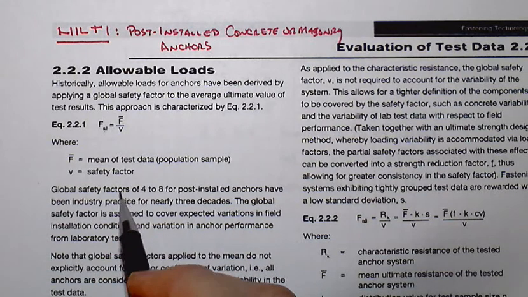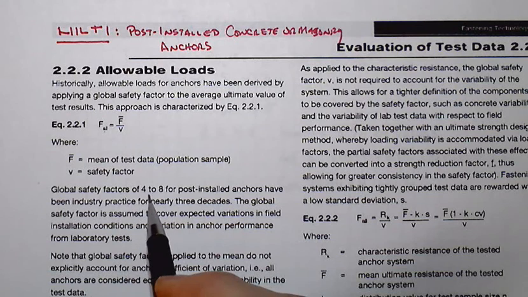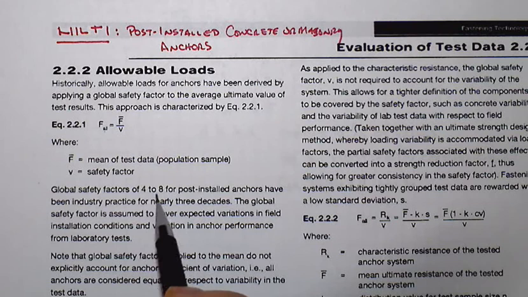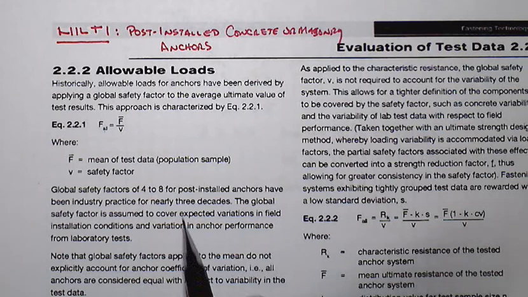In terms of what they call global safety factors, they might be on the order of 4 to 8 for these post-installed anchors. One of the reasons why that's so large is that the amount of variability associated with concrete and with post-installed anchors into concrete tends to be quite large. So we want to be further away from the edge of the cliff of problems than we might be in some other types of failure modes, where the factors of safety might be around 1.6, which is far more common in certain steel applications.